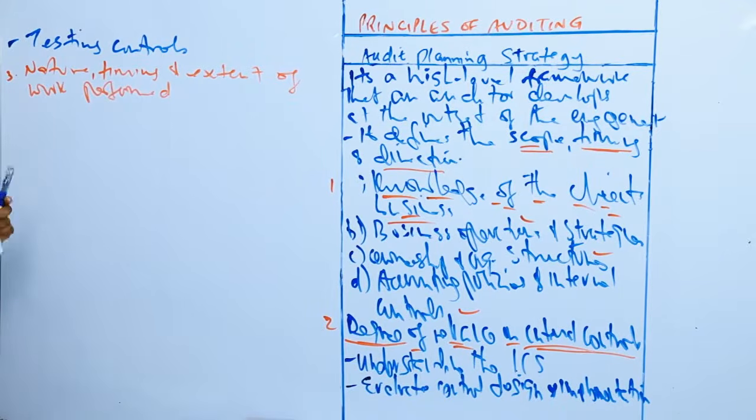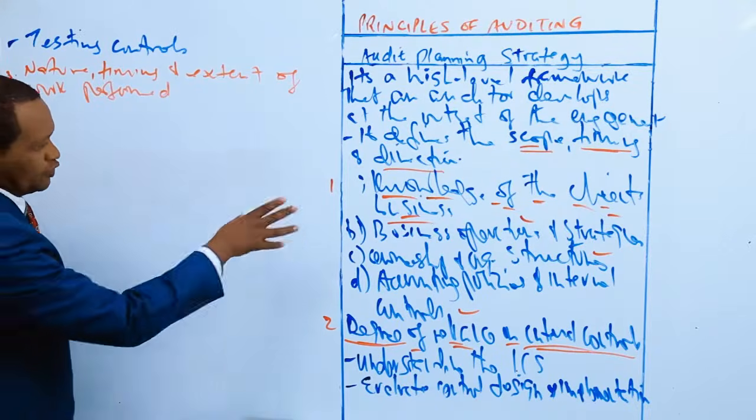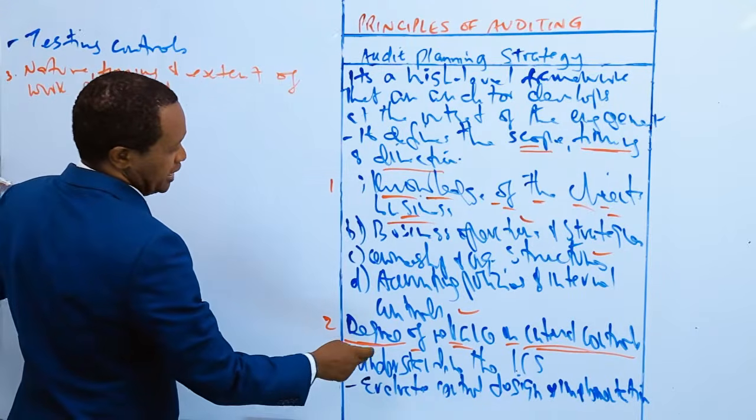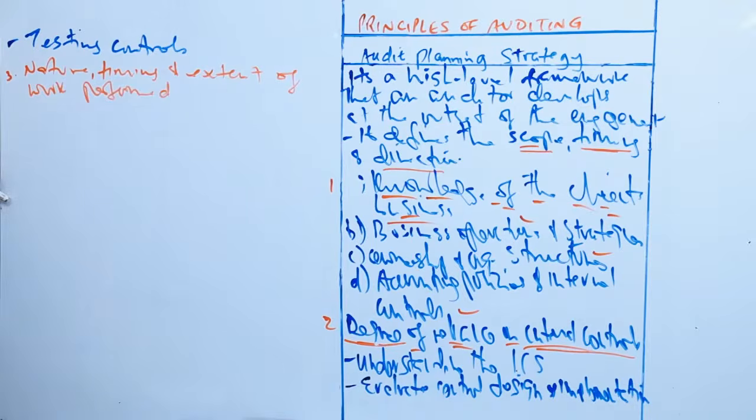Now, this element of the audit planning strategy directly flows from the knowledge of the client's business and the assessment of internal controls. It dictates what audit procedures will be performed, when they will be performed, and how much work will be done.